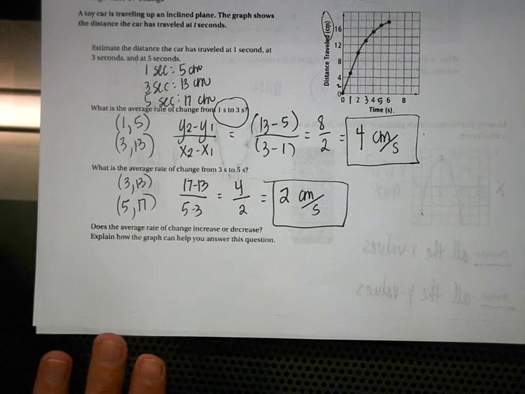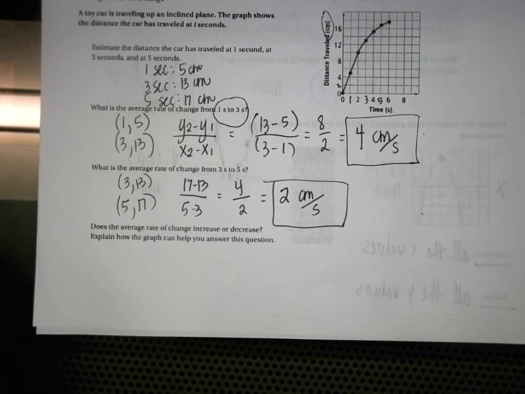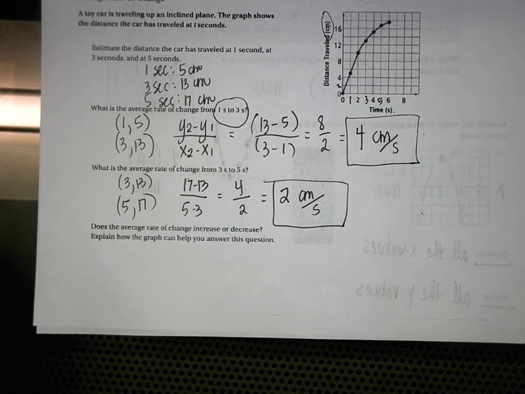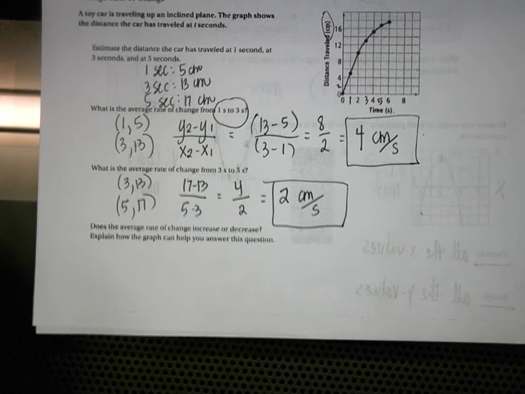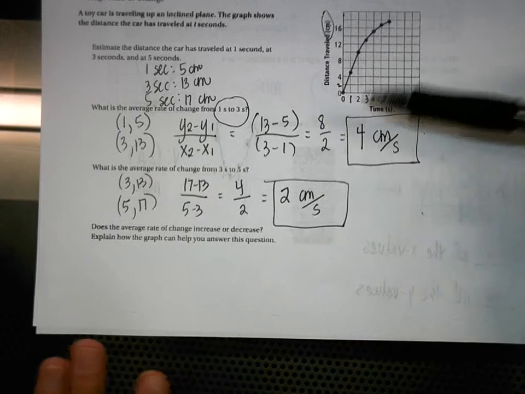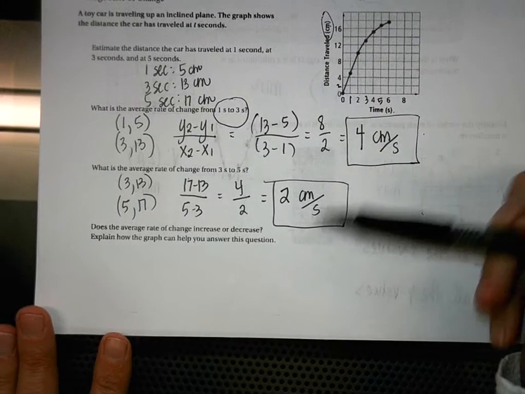So the question says, does the average rate of change increase or decrease? And explain how the graph can help you answer this question. So first of all, is it increasing or decreasing as it goes in time? The average rate of change is decreasing. Good.